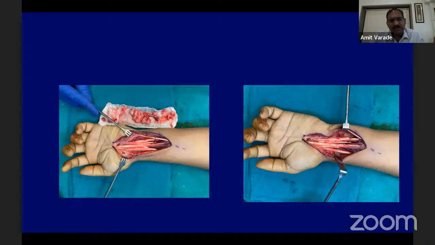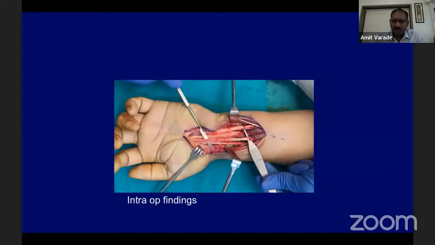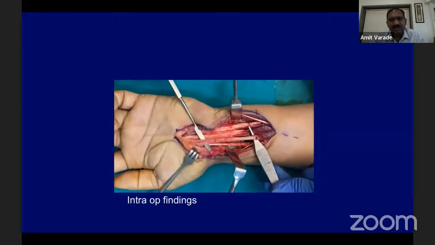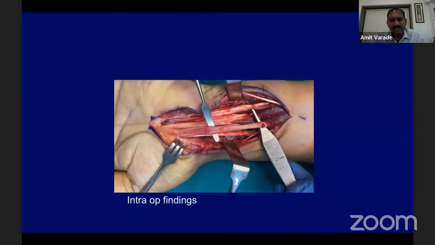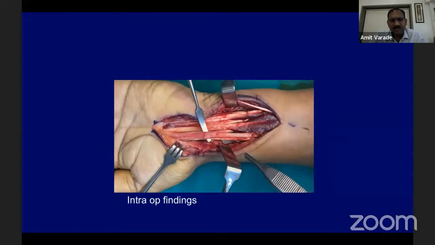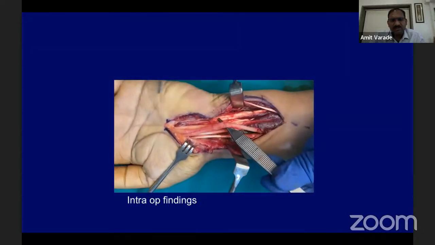After that, we can nicely see the long flexor tendons, and the median nerve. A sort of external neurolysis was done for the median nerve. And once we did that, now we can nicely see that the nerve is free from compression.